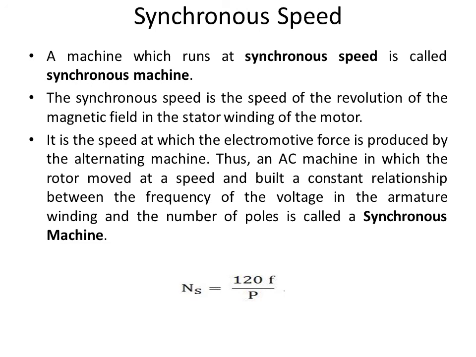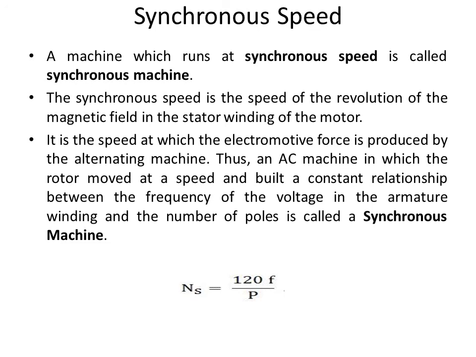What is synchronous speed? A machine which runs at synchronous speed is called a synchronous machine. Synchronous speed is the speed of revolution of the magnetic field in the stator winding of the motor. It is the speed at which the electromotive force is produced by the alternating machine.